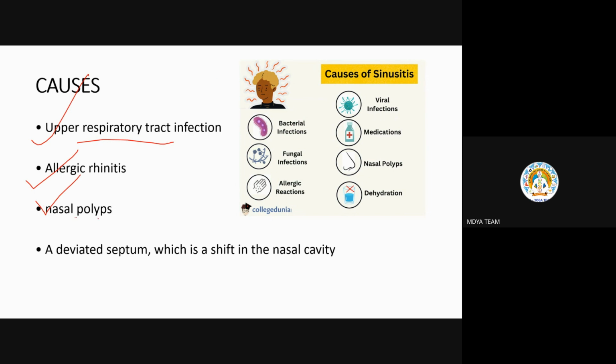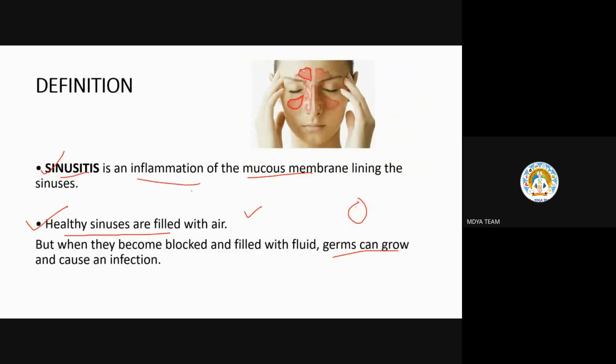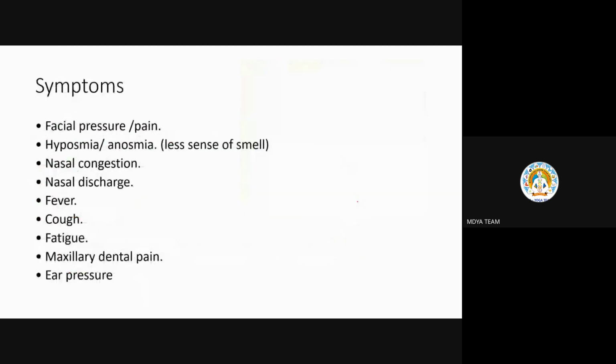Nasal polyps, a painless benign growth, could also lead to sinusitis. And a deviated septum, in simple terms when the wall of your nose is shifted in your nasal cavity, can lead to the same problem. This is not so important; the definition part is very important.